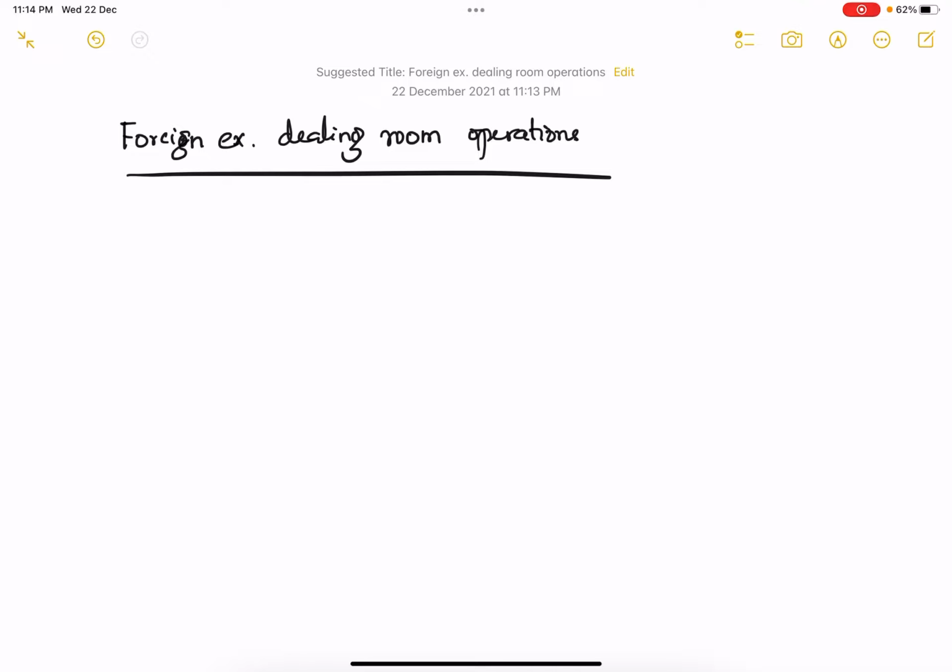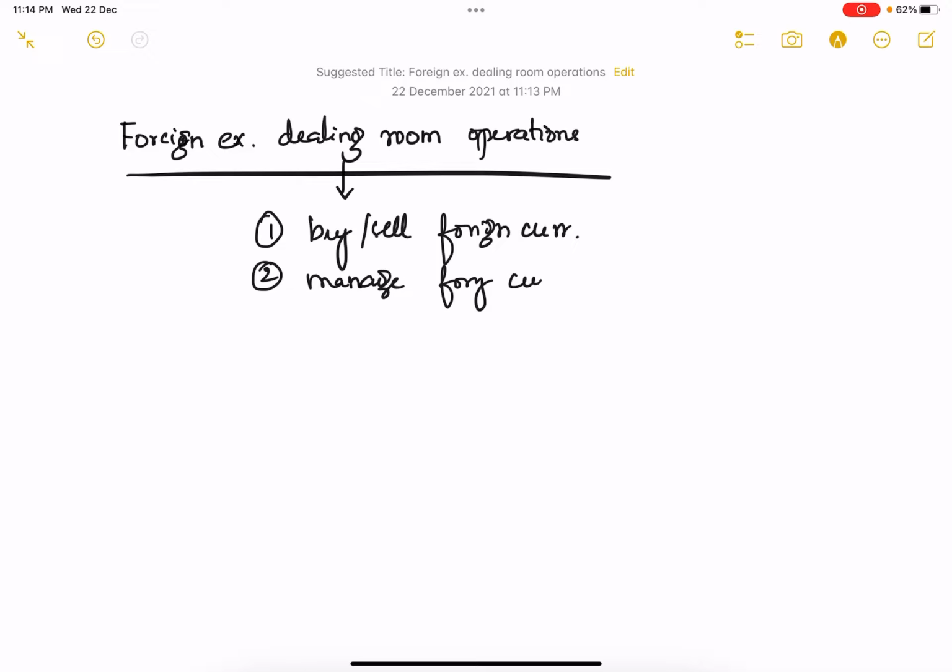So the major function of this foreign exchange dealing room operation is to buy or sell foreign currencies, to manage foreign currency assets and liabilities, to fund and manage nostro accounts.